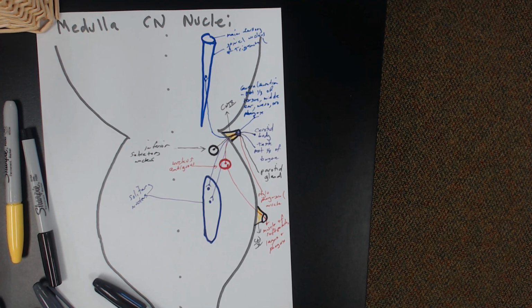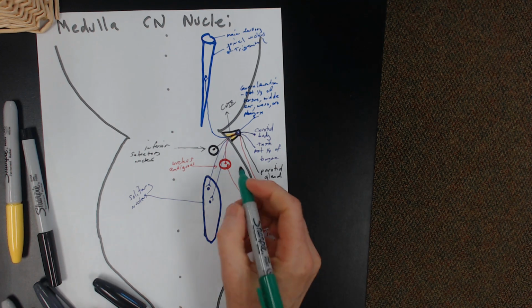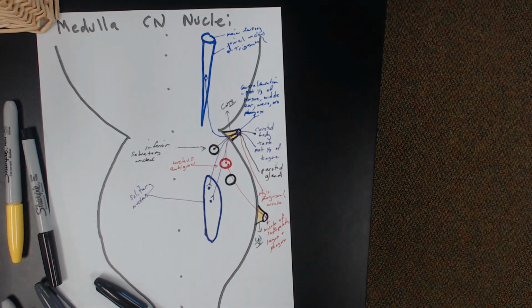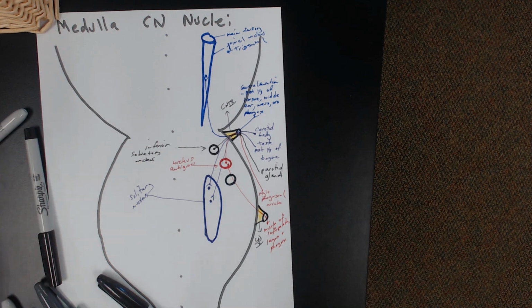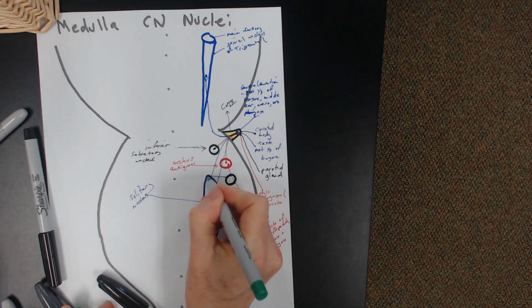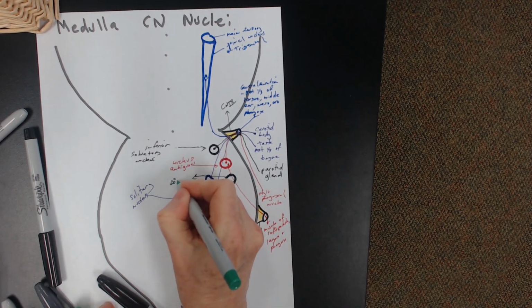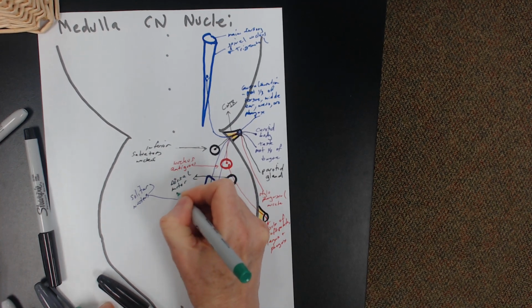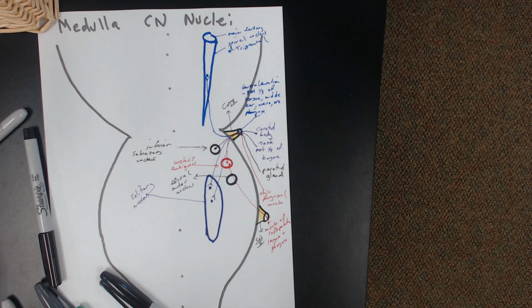Give me another function for cranial nerve number 10. Parasympathetic function of the GI, lungs, and heart. Perfect. Parasympathetic function is going to be through the dorsal motor nucleus. So we'll put the dorsal motor nucleus here. Okay.